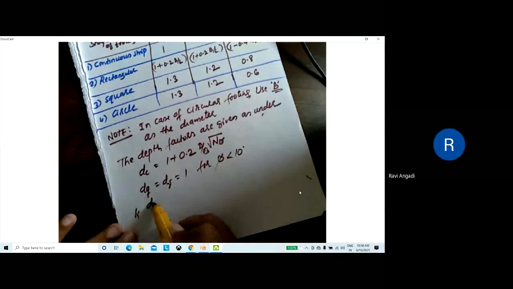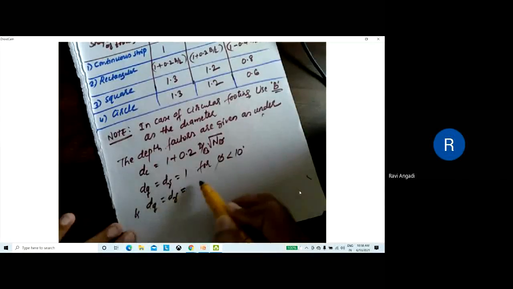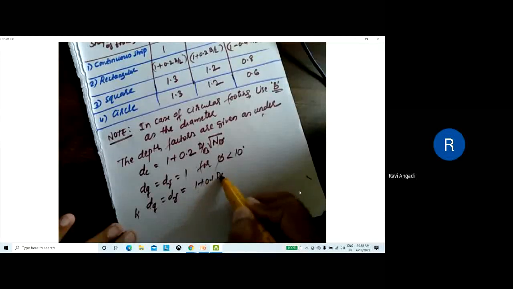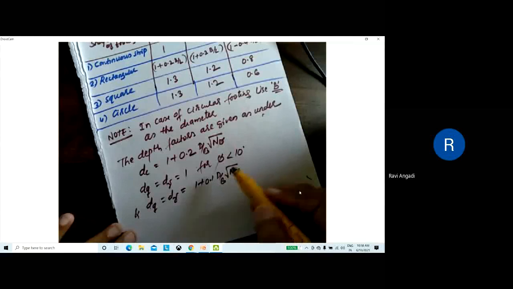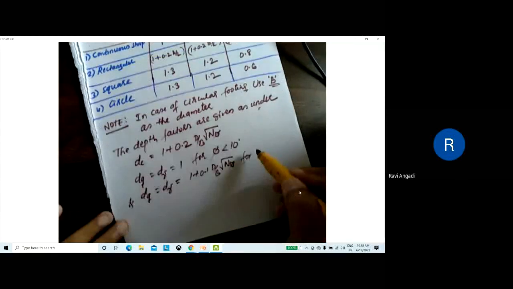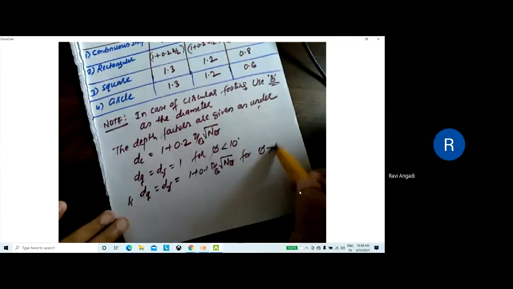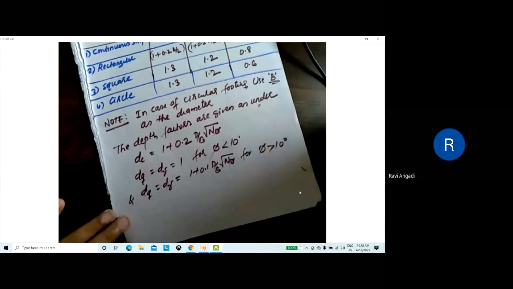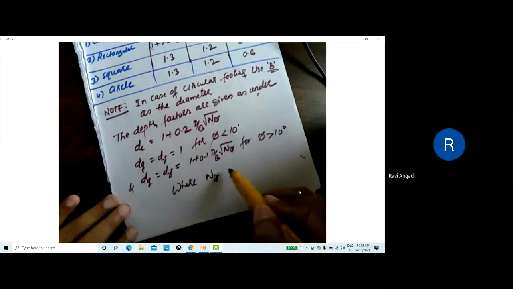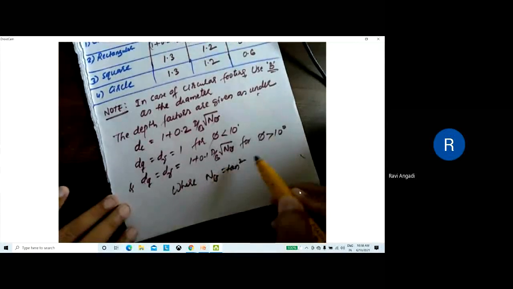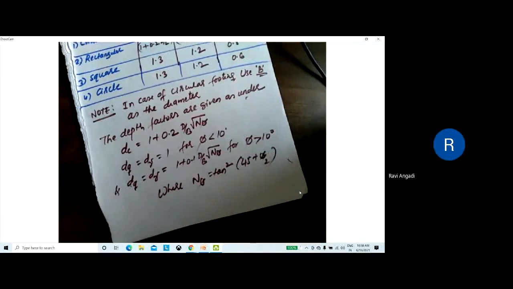And DQ equal to D gamma equal to 1 plus 0.1 D by B square root of N phi, for phi greater than 10 degrees, where N phi will be tan square of 45 plus phi by 2. Is it clear?